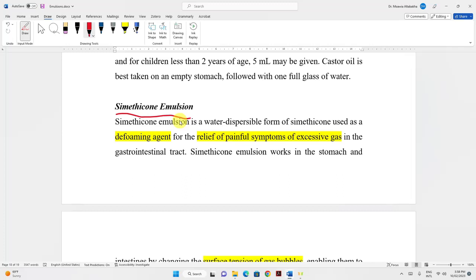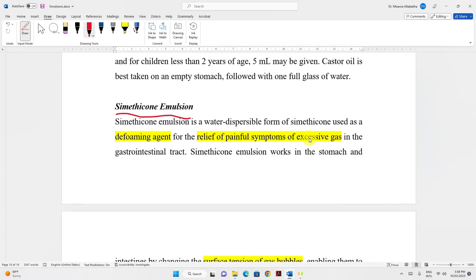Maybe you heard a lot about bloating or gases in the intestine and belly. Okay, and this problem is especially inconvenient when you have new babies born. Okay, in many cases they will have gases in their belly.